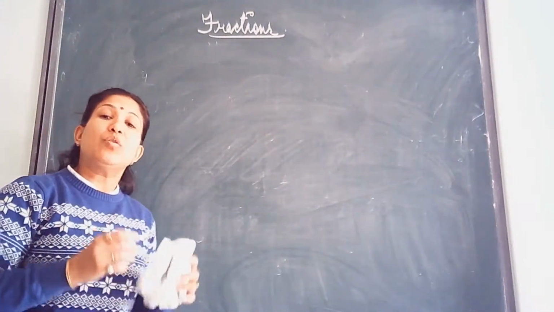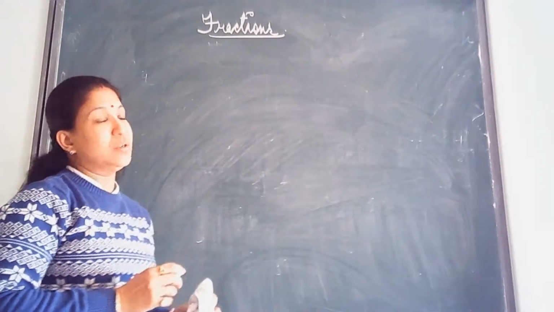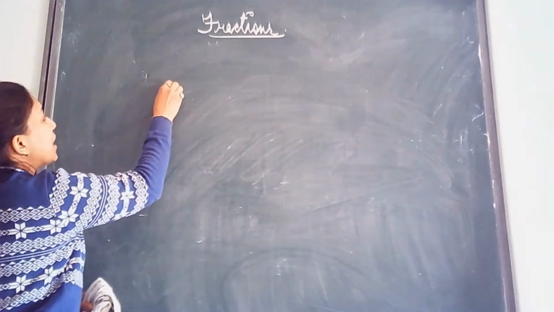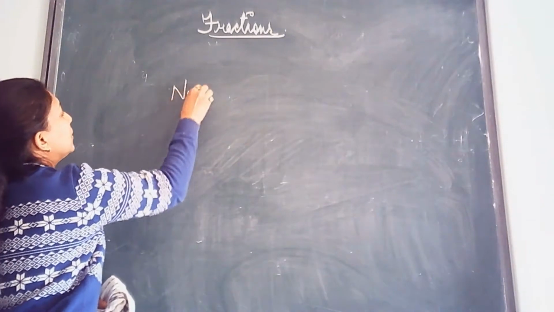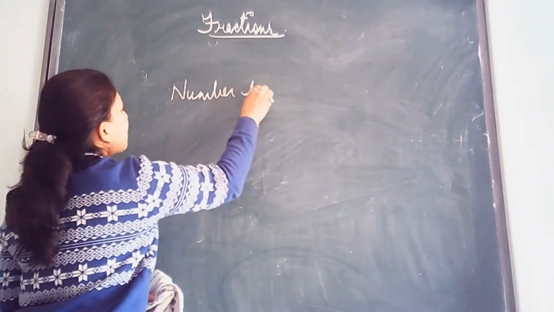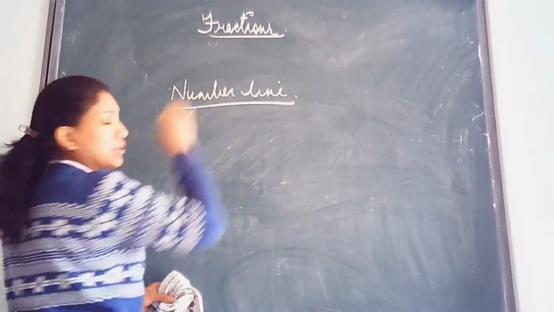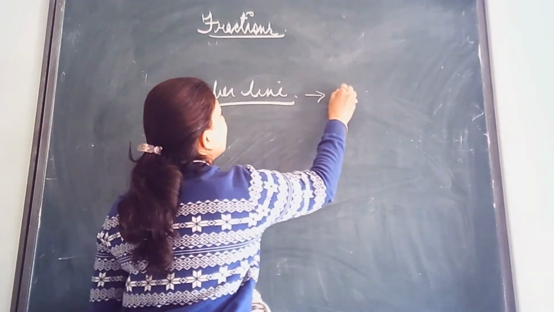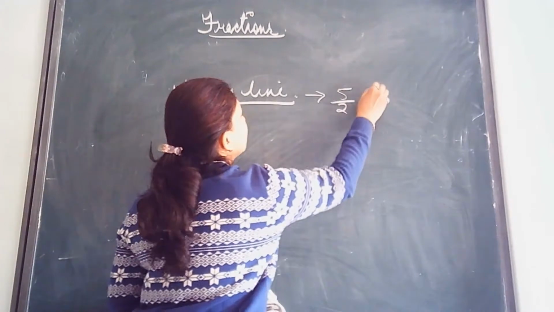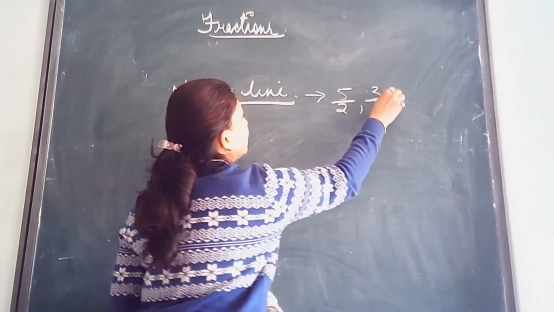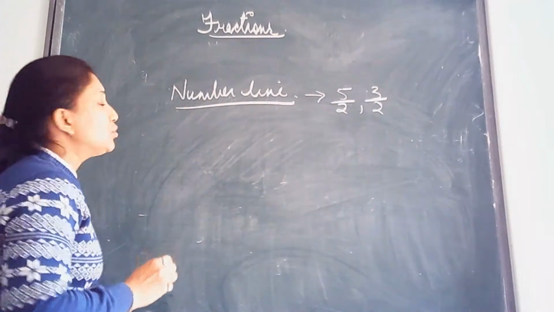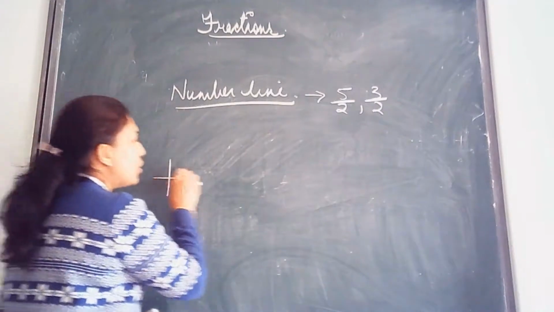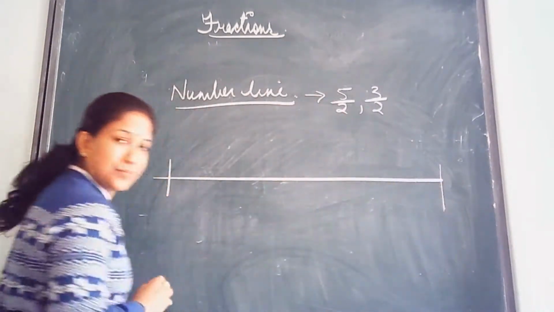Now there are many questions based on fractions. The first thing is marking a fraction on a number line. So how do you mark a fraction on a number line? Suppose you are asked to mark 5 by 2, 3 by 2 on a number line. So what you do, you draw a line.